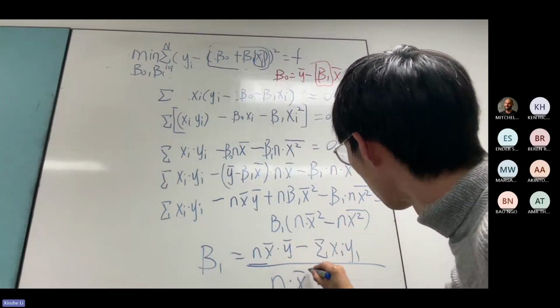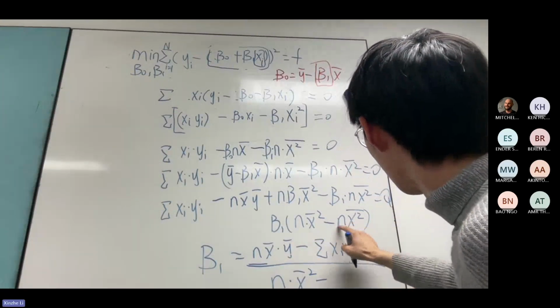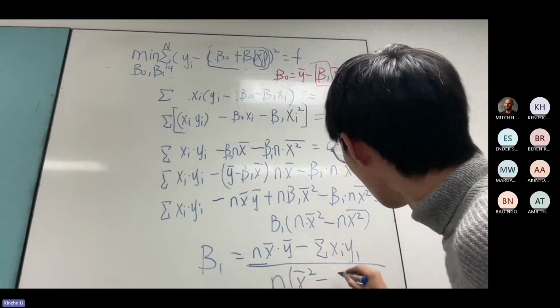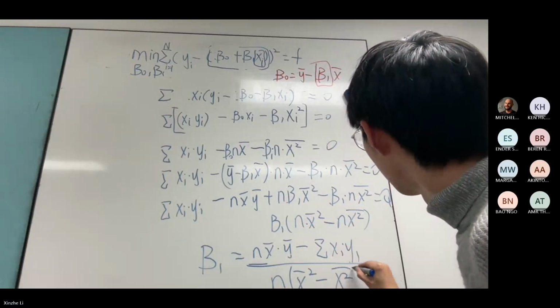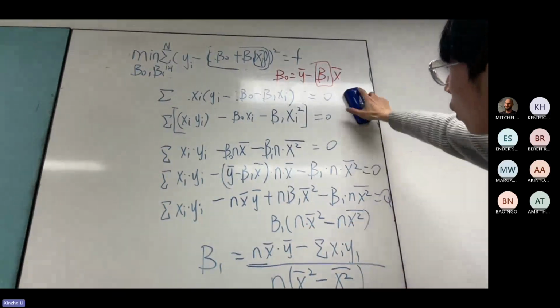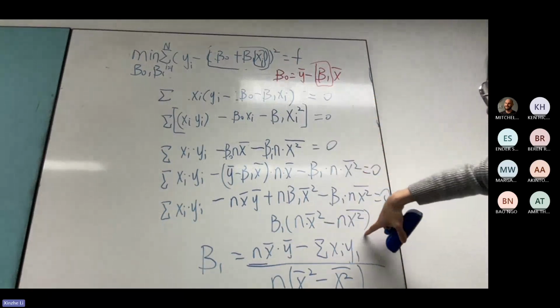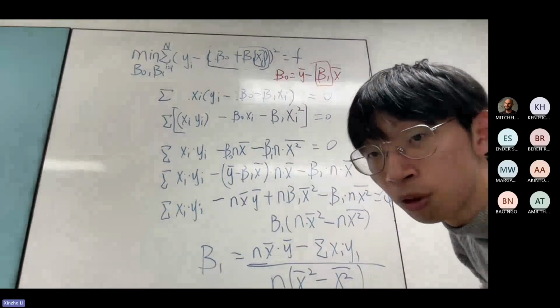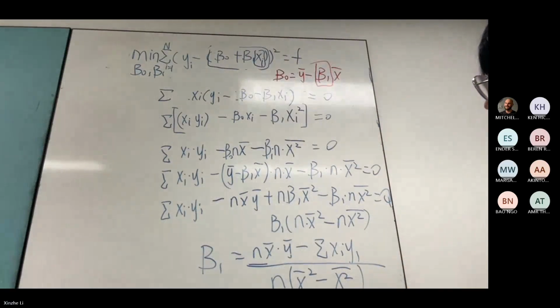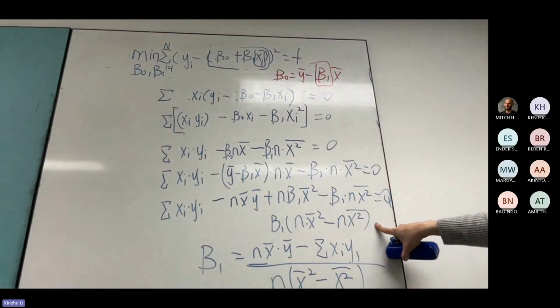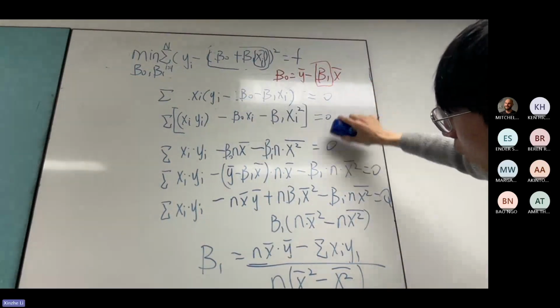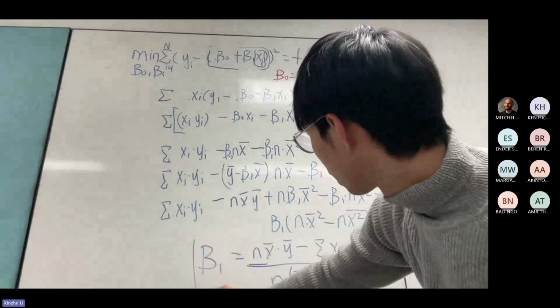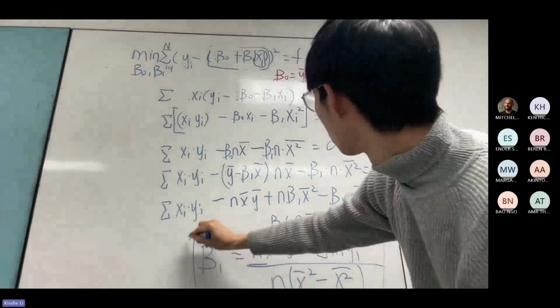And x bar square. Here have n, so I put n outside. Okay, now we finish. Then have a look. If you need some clarification, let me know. Otherwise, I will erase this because we basically got the final answer.